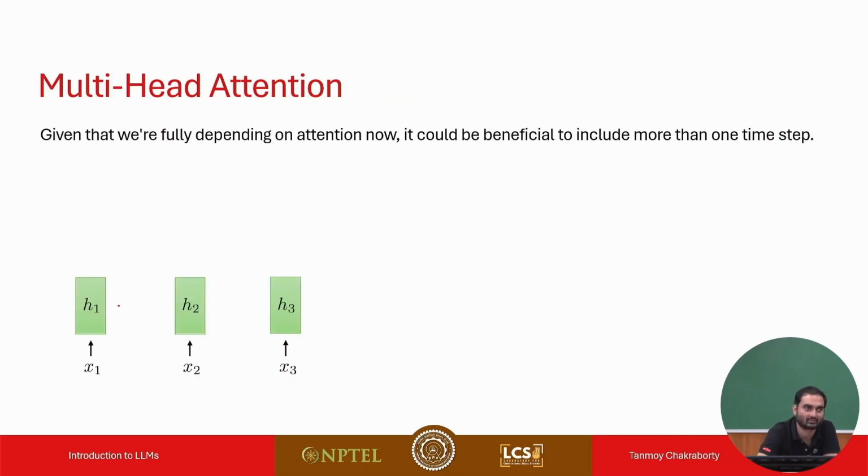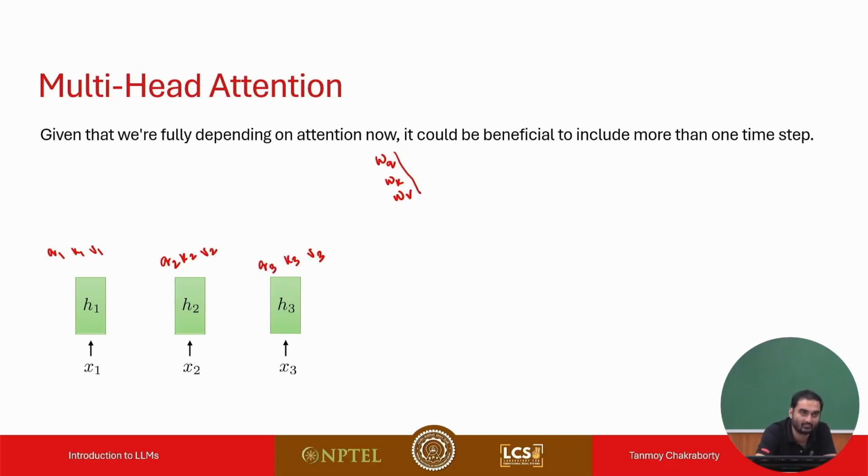In a single attention, what we do is use query, key and value matrices, and we obtain Q1, K1, V1, Q2, K2, V2 and Q3, K3, V3 using these three matrices.